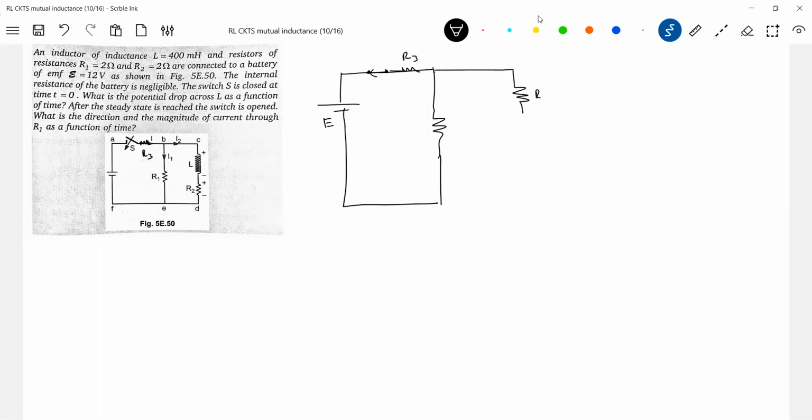I'm introducing one more resistor in the circuit. So this is R2, this is L, this is R1. How do you solve this problem? R3, if you want, let R3 be equal to, say, 3 ohm.